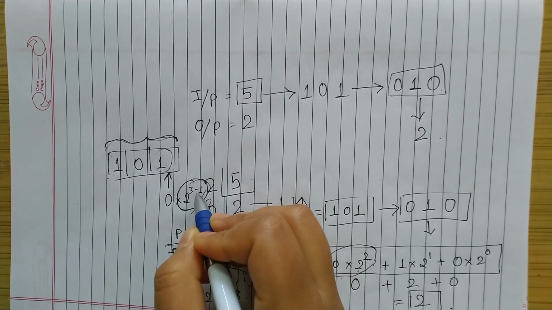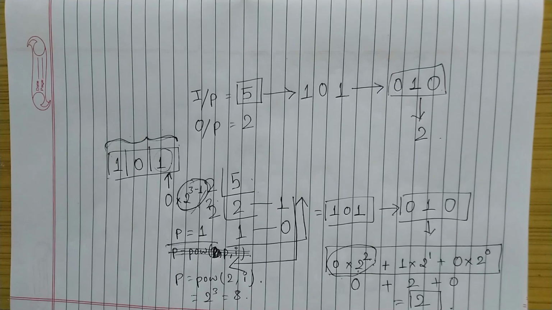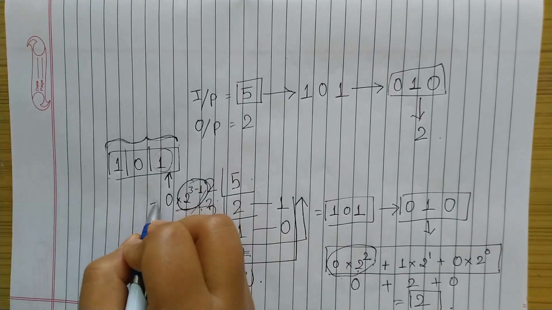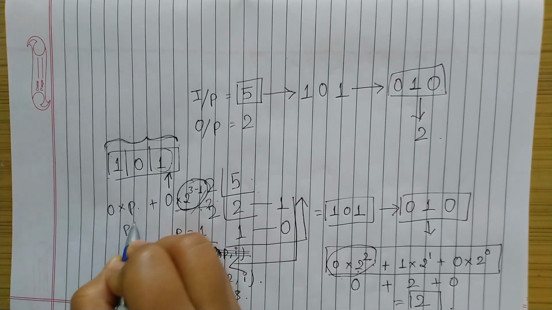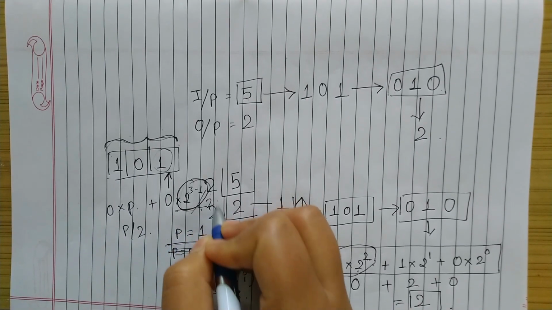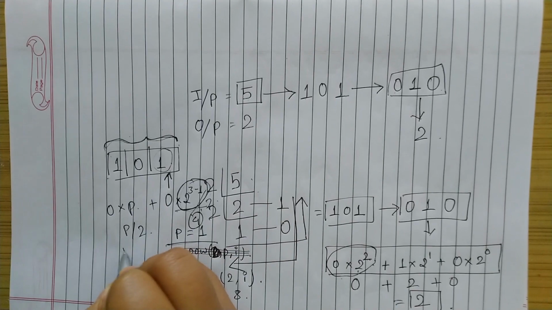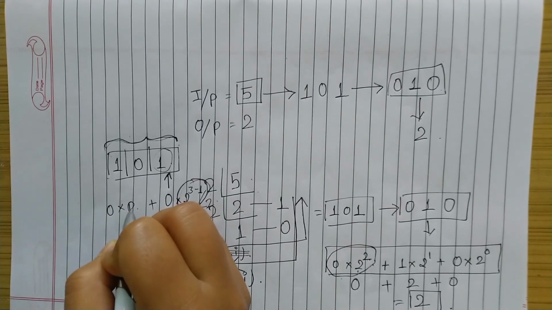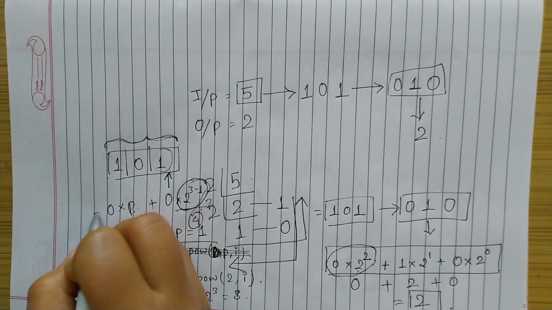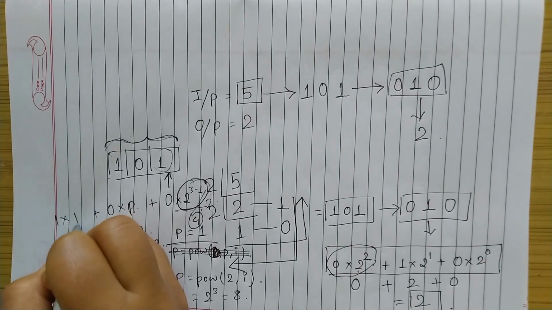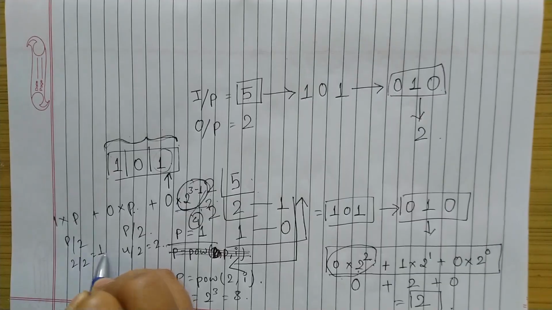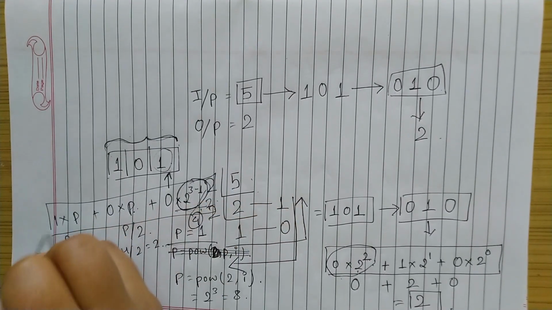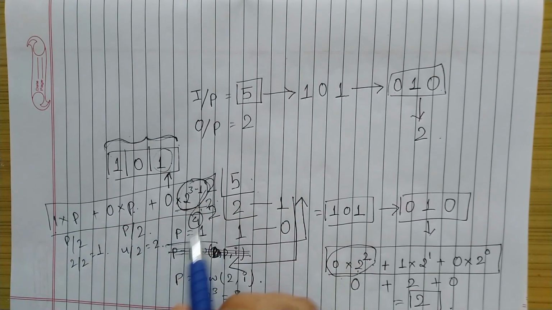So 8 divided by 2 is 4. So 4 will be multiplied here. Then 0 into p, and the p next time will again be divided by 2. So it was 4 over here. It will again become 4 by 2, which is equal to 2, and will be multiplied over here, plus 1 into p, and p again will be divided by 2, which is 2 by 2, which is 1. And then the entire answer will be given, and we will return that answer.